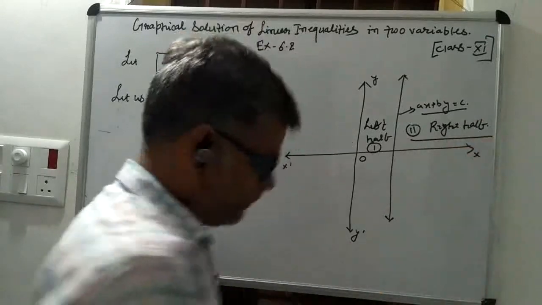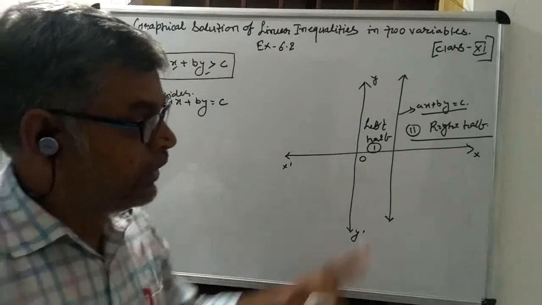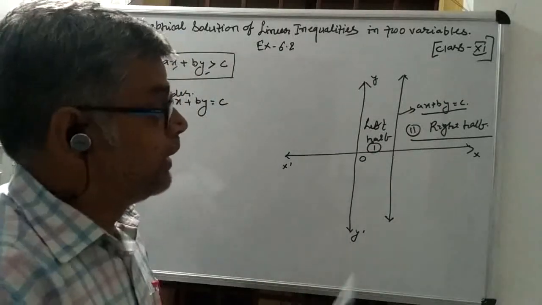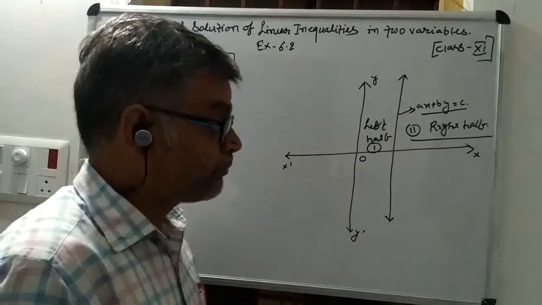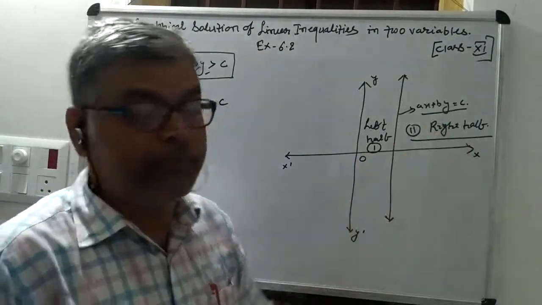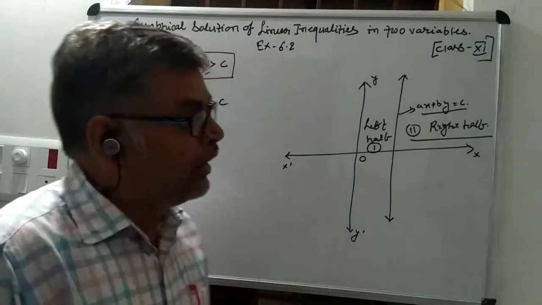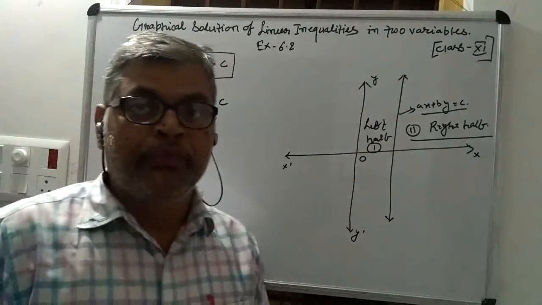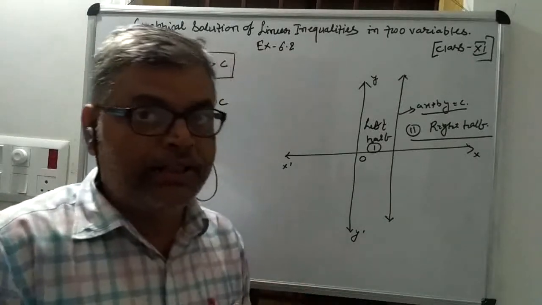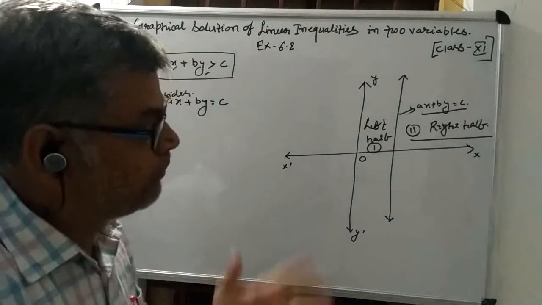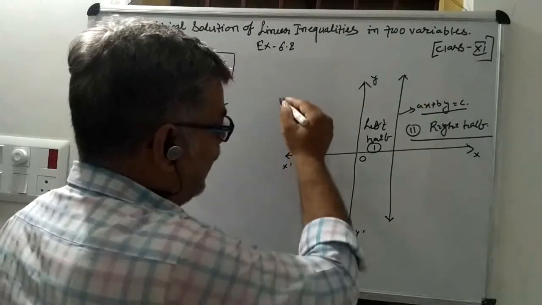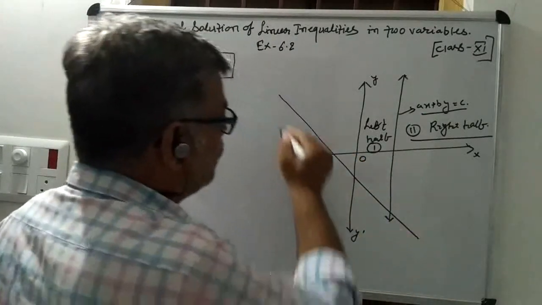So the whole Cartesian plane is divided into these two halves by the graphical representation of the line of the equation ax plus by equals c. Now you have to find in which half the solutions lie, which we'll discuss later. Or in other words, you can have such types of lines also.